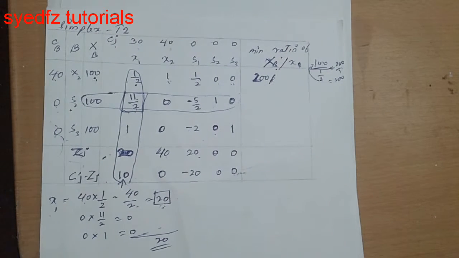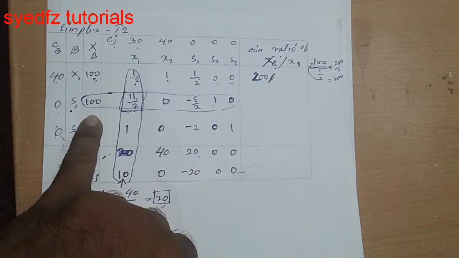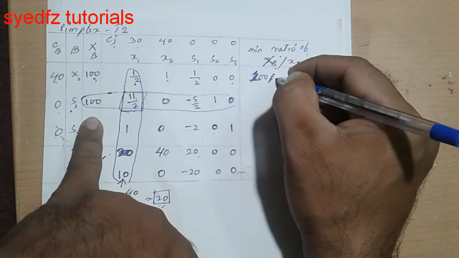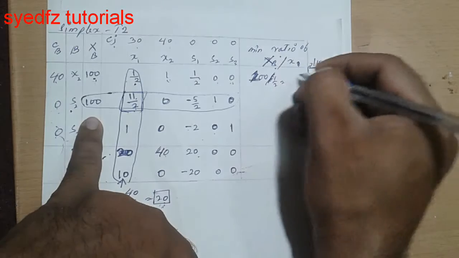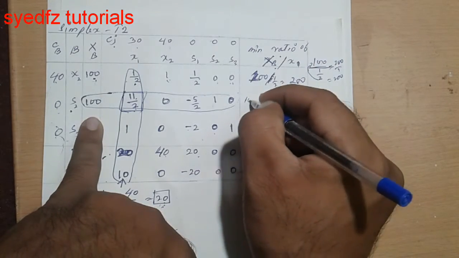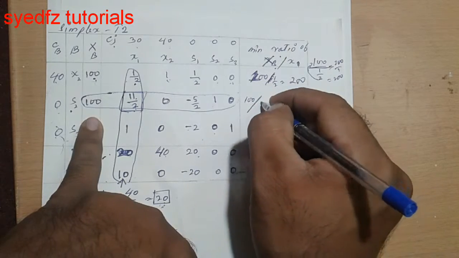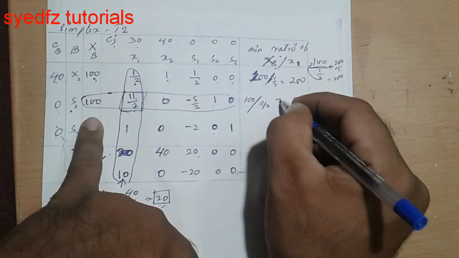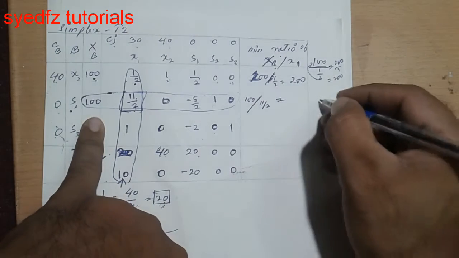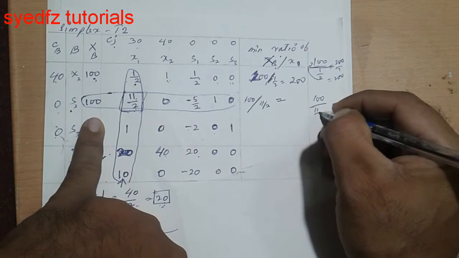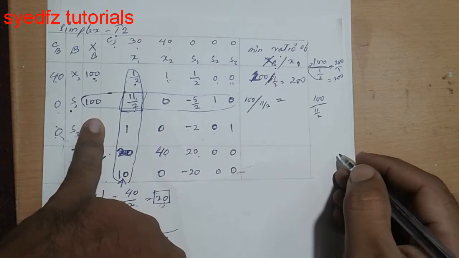Okay, I'll show you here also. For example, 100 divided by 1 divided by 2 is 200. Here also take 100 divided by 11 divided by 2. How much will you get? Let's solve here. What will you do? Cross multiply.